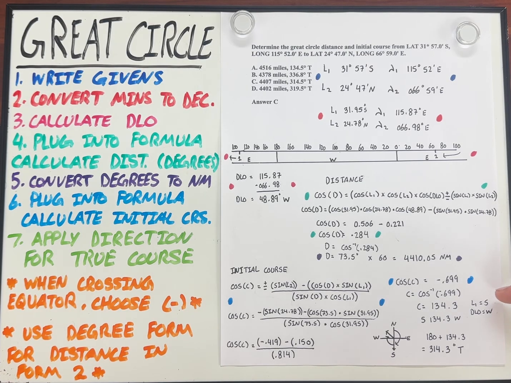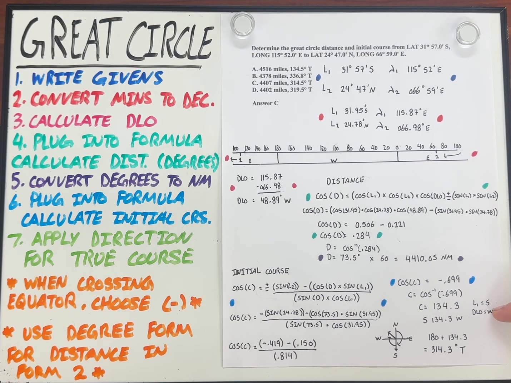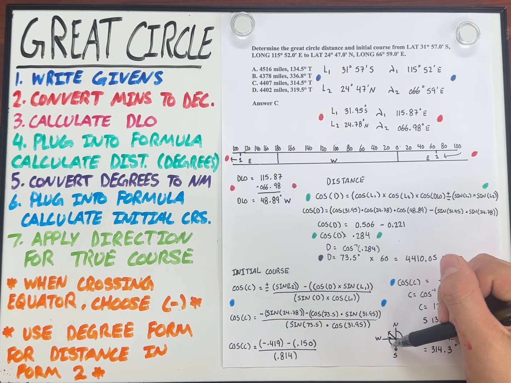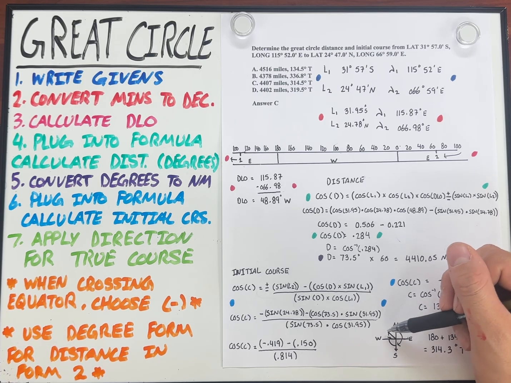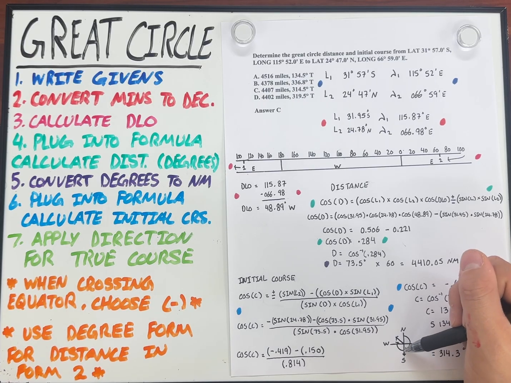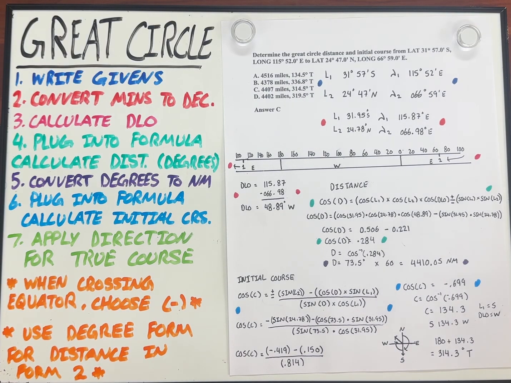So we take our latitude 1, south, and our direction of difference of longitude, west, and we put in our course, 134.3. That's southwest. So we're in the south, moving west 134 degrees. We're going south for our latitude, and then to the west 134.3 degrees.